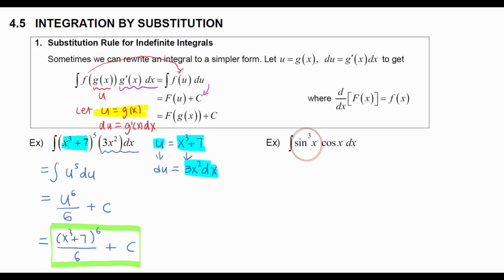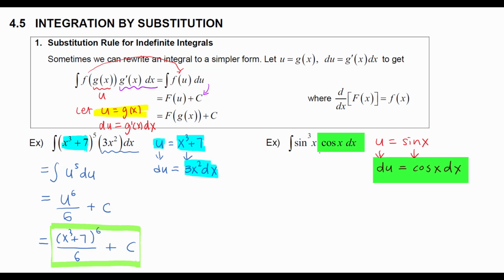So you're going to let u be the inner function of your composite function, which is sine of x. Now take the derivative of each side. The derivative of u is du, and the derivative of sine x is cosine x dx. And look at that. That's exactly what you have for du right next to sine cubed of x.